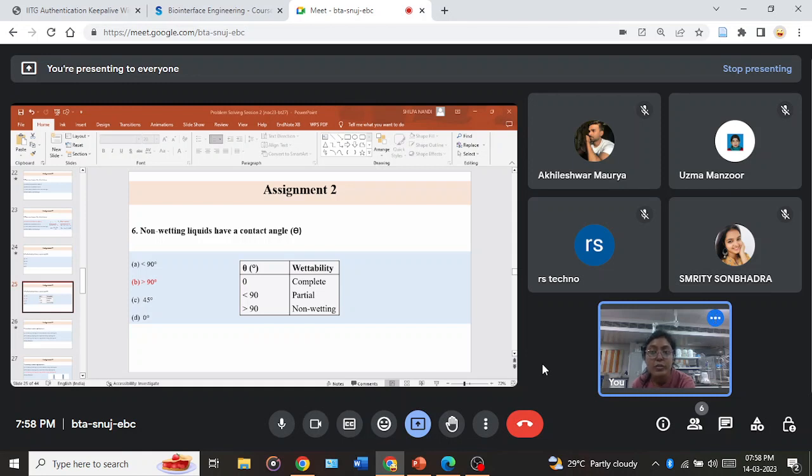In case of wetting liquids, which are hydrophilic in nature, they will always make a contact angle that is less than 90 degrees. And those liquids which have high wettability, the contact angle between the surface and the liquid will be 0 degrees.